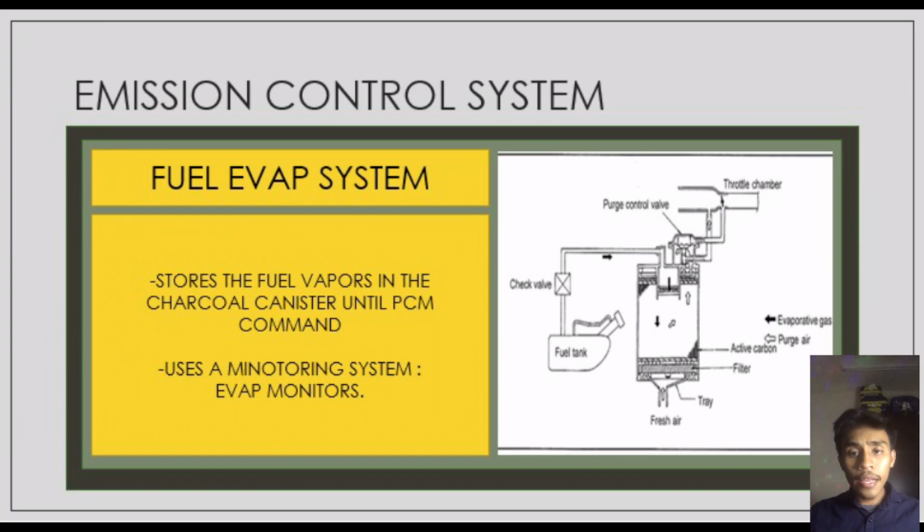The gas tank can also be made out of steel or aluminium, which is welded from stamped sheet. The evaporated fuel is stored as fuel vapor in the charcoal canister until the PCM commands it out. This system reduces gasoline emissions and makes the fuel safe.